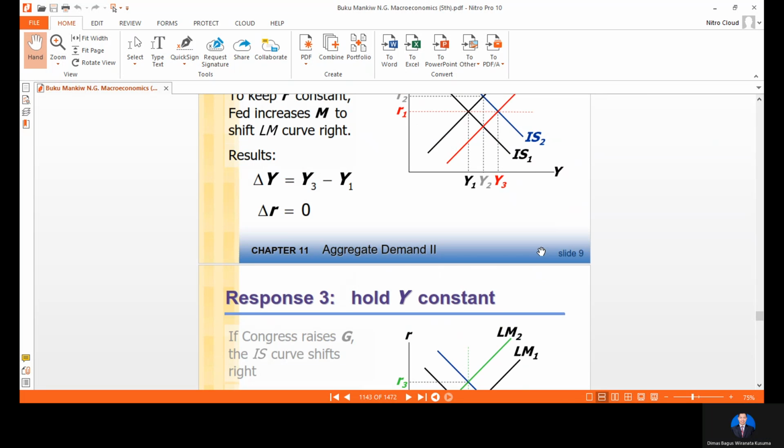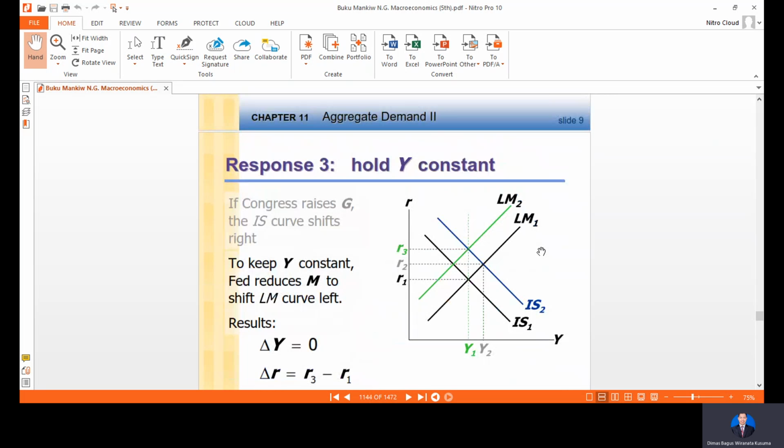The next one is about holding Y constant. First of all, you have the initial position here, Y1 and R1, and this is the shift of IS2. It will make the new equilibrium here, Y2 and R2.